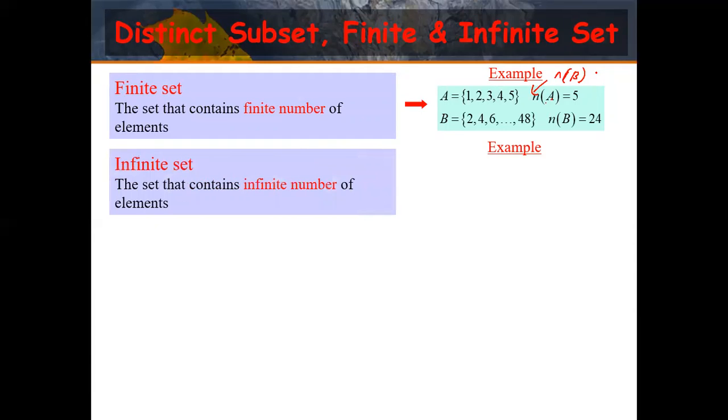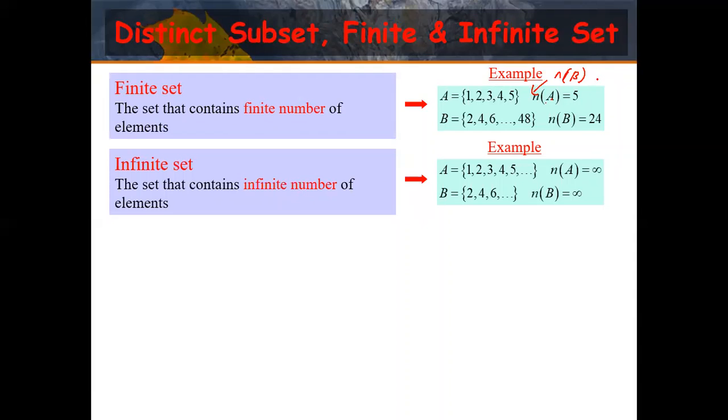Okay, how about an infinite set? An infinite set contains an infinite number of elements. For example, set A: 1, 2, 3, 4, 5, 6 until infinity. Set B also: 2, 4, 6, 8, 10 until infinity. So the number of elements of set A is infinity.